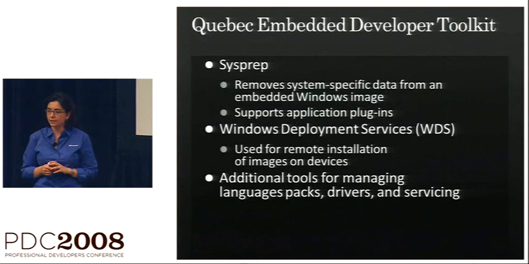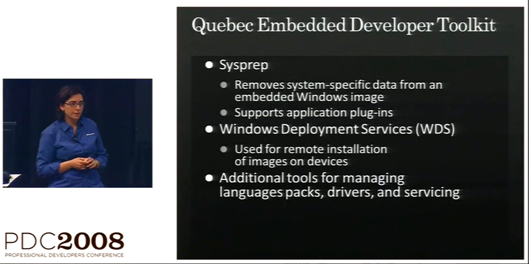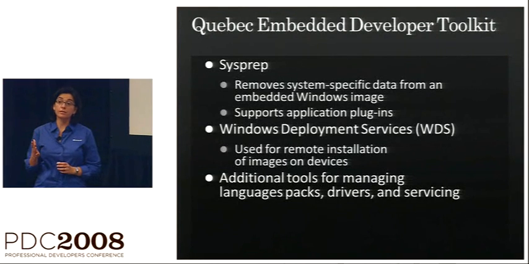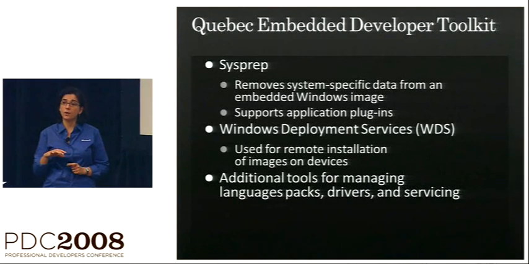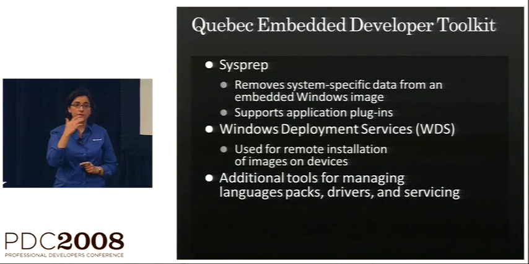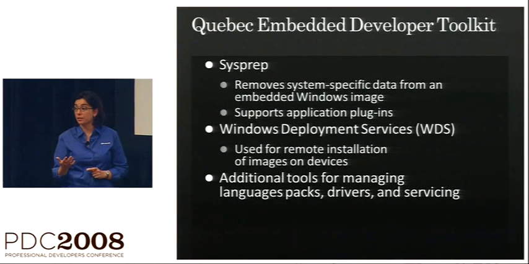SysPrep is the tool that does that. The version of SysPrep that we're planning to ship has other interesting capabilities. You can write plugins to not only generalize your operating system, but if you have applications that you need to generalize, you can write plugins for SysPrep that automatically strip the machine-specific information from your application as well.